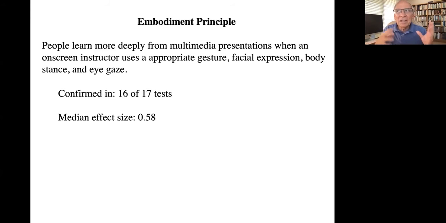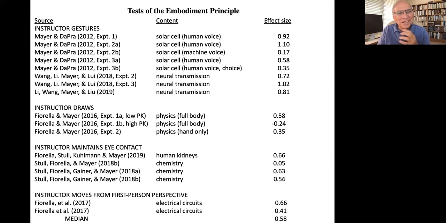But it also involves some of these other things as well. So let me break this down for you. Some of the research involves gesture, as we were talking about. You can see in studies where we're looking at gesture, adding instructors who gesture rather than just stand still greatly helps.